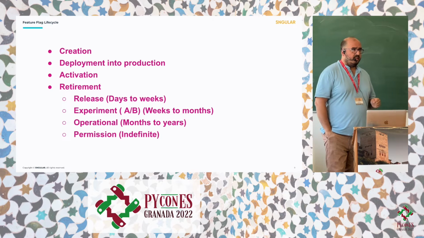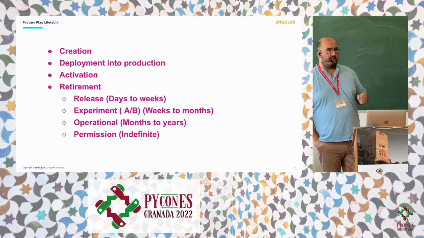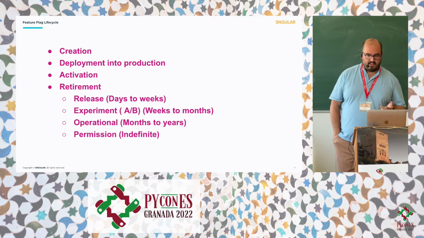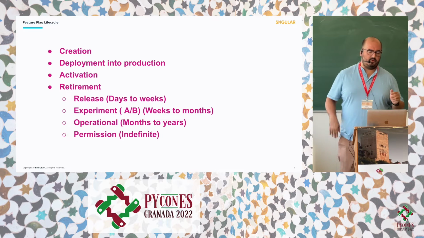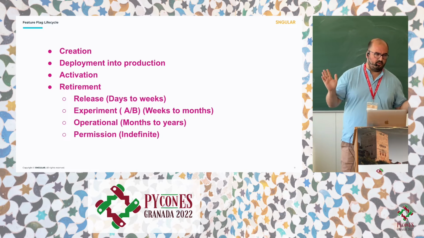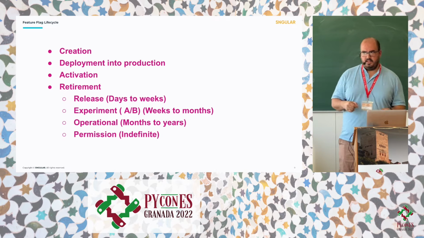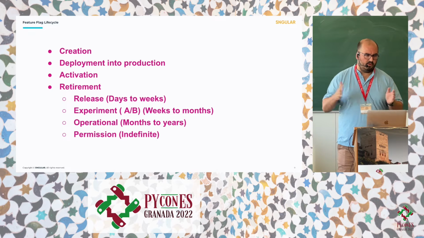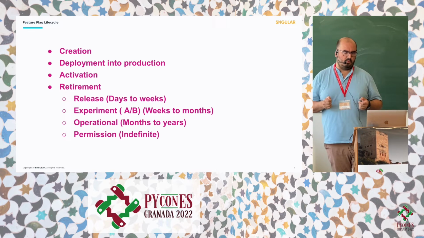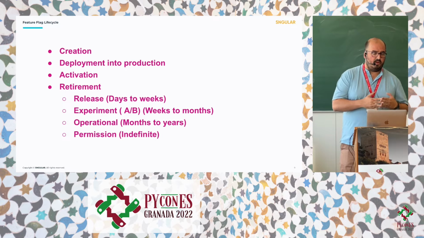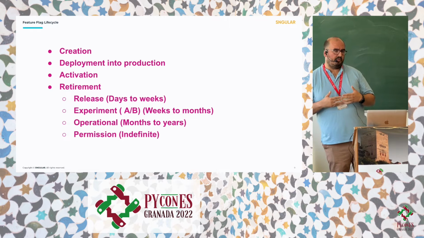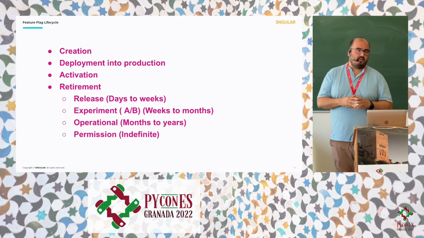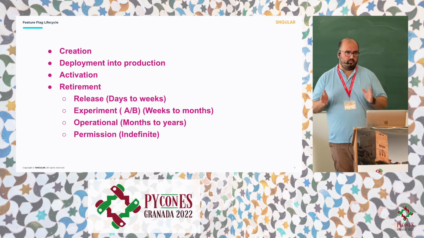One of the issues about feature flags is, as I said, every time you create a feature flag, you split your logic in two different ways. The more you do that, the harder it is to follow the path the code is running. So when you design a feature flag, you should take into account that the feature flag should die eventually.